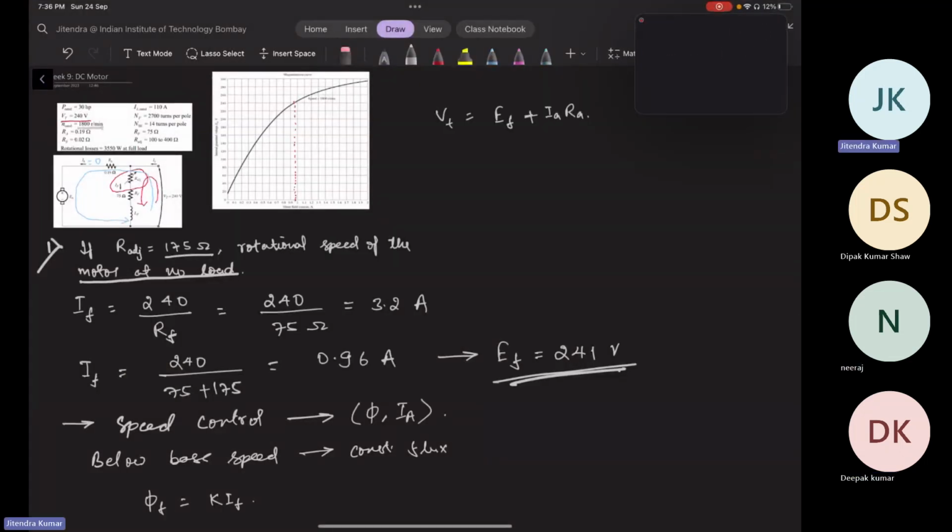At no load, there should be current to produce field flux and armature flux.